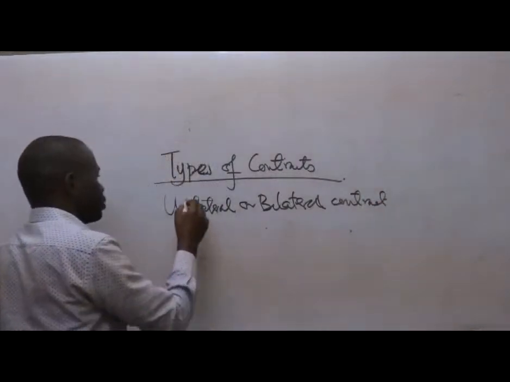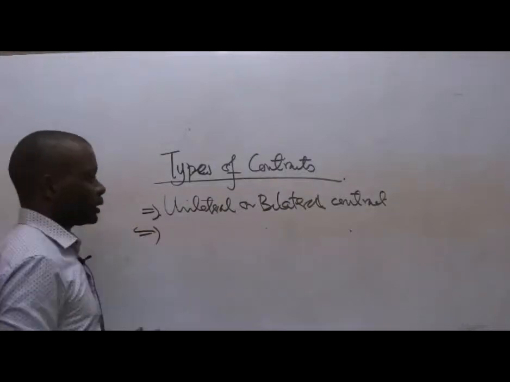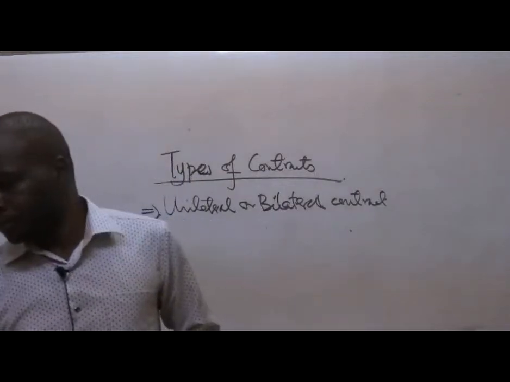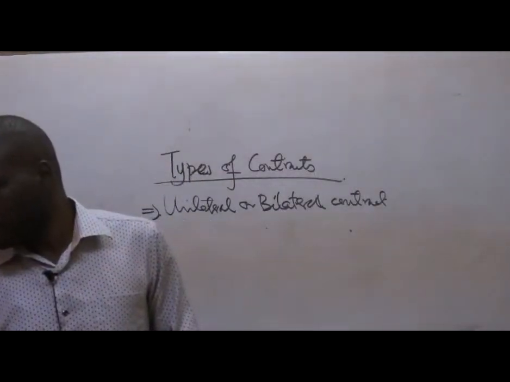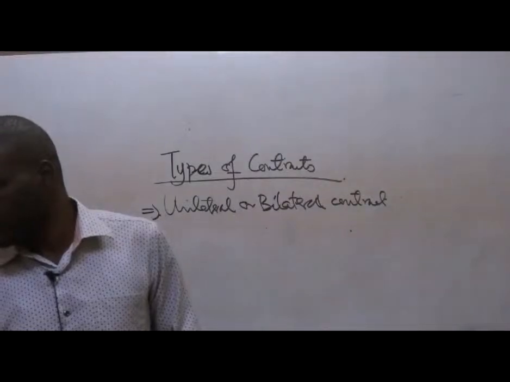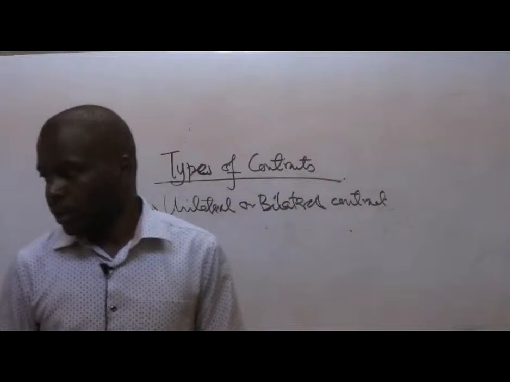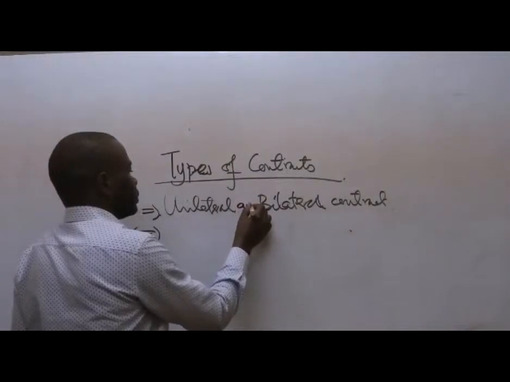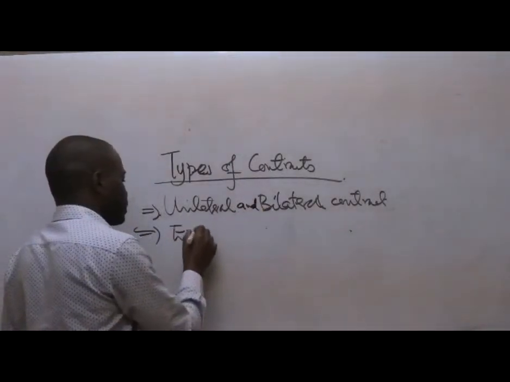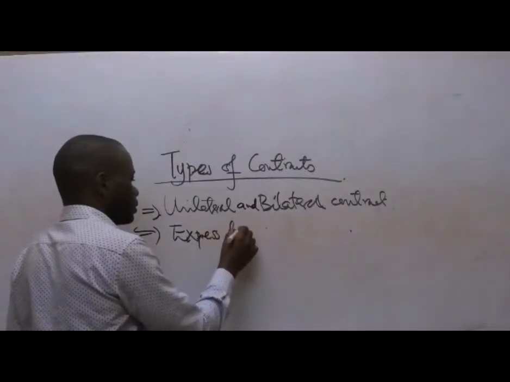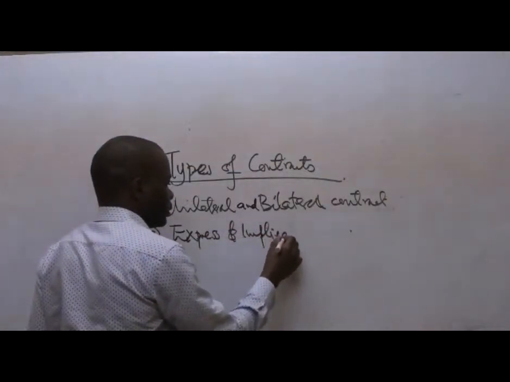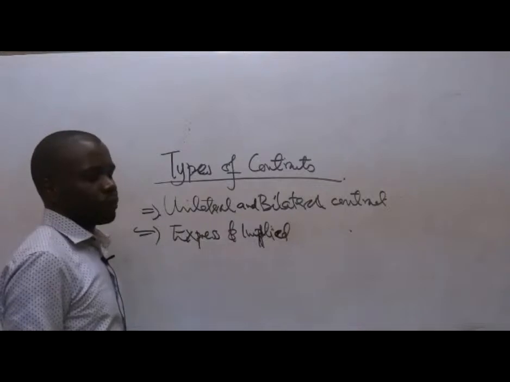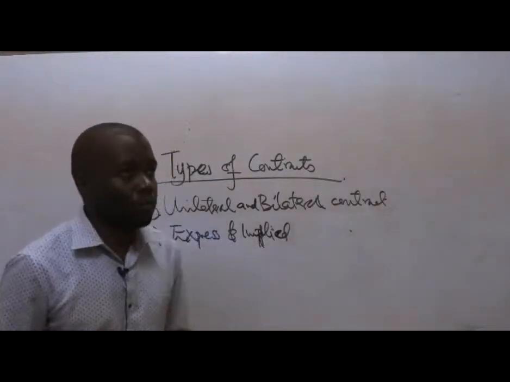Then express and implied contracts. Instead of or, you can just say and: express and implied contracts.